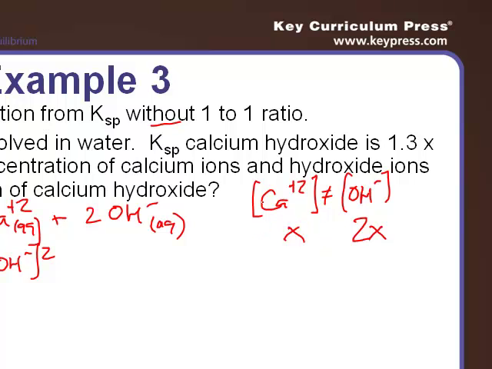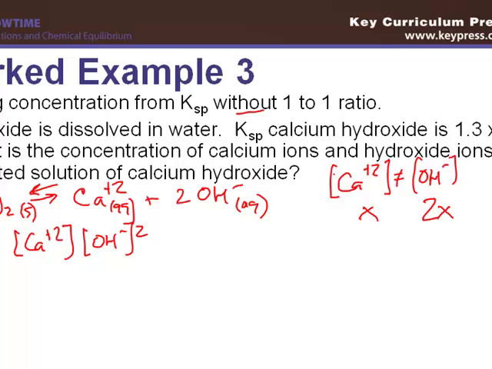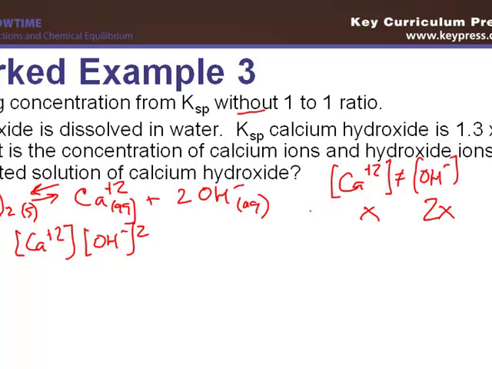Now, regarding the solubility of calcium hydroxide, to get 1 mole of calcium, you would need 1 mole of calcium hydroxide. If you need X moles of calcium, you would need X moles of calcium hydroxide being dissolved. So the ratio is a 1-to-2 ratio in this case.